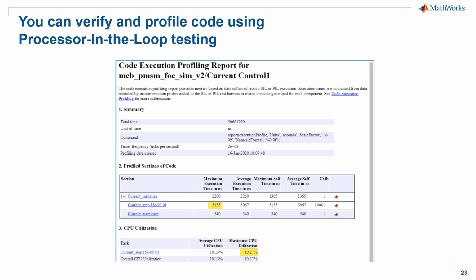You can also do code profiling. If you remember, we have been talking about one of the challenges of field-oriented control, which is running at a high sample rate, 50 microseconds. So it is very efficient in this case. You can see our current control loop takes only 5 microseconds, which is pretty efficient for a 50 microsecond sample time.